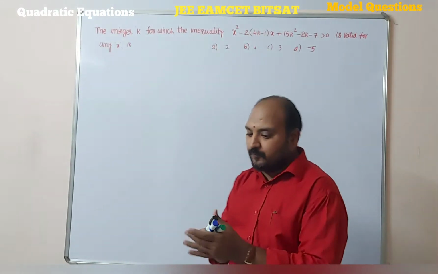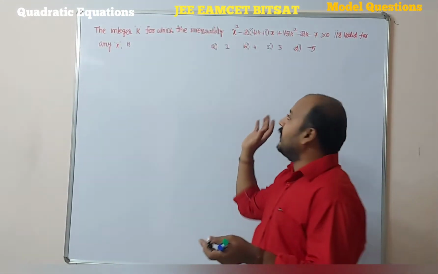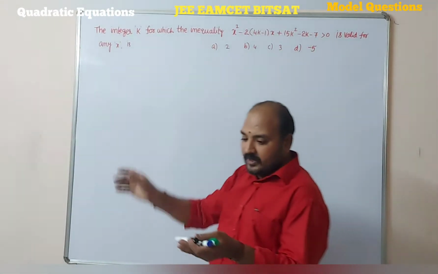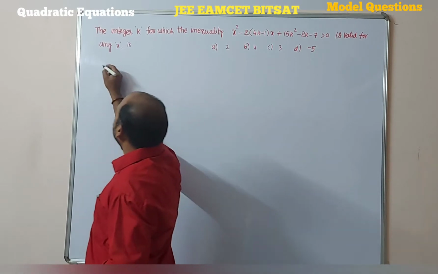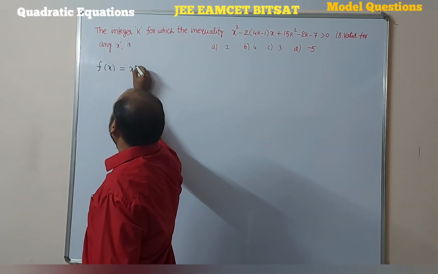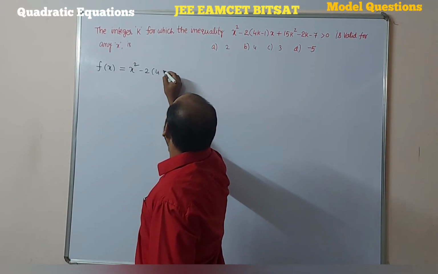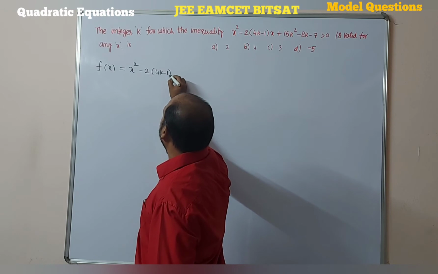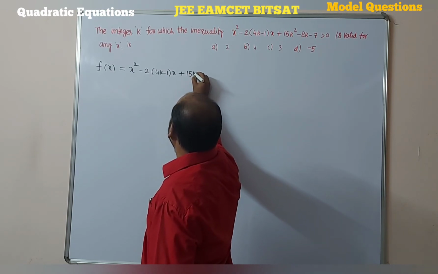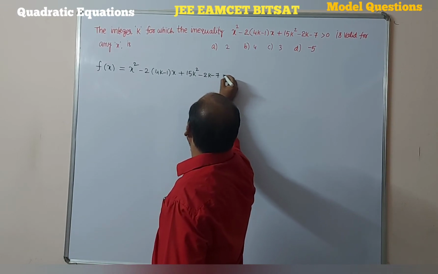Here observe carefully, dear students. First the inequality, f of x, I am writing without the inequality, that is greater than 0 or less than 0. First I will write it f of x. What is f of x in this? F of x is equal to x square minus 2 times (4k minus 1) into x plus 15k square minus 2k minus 7.